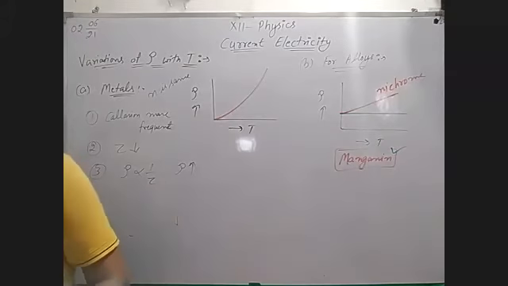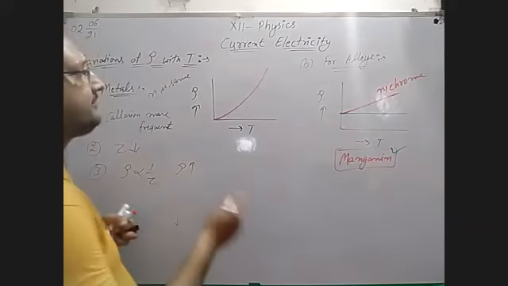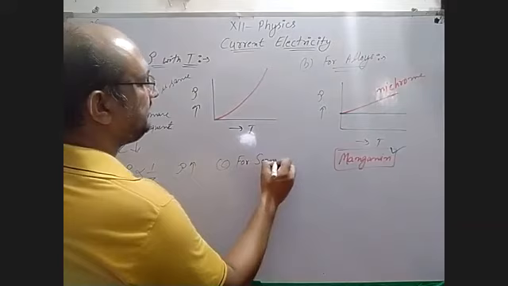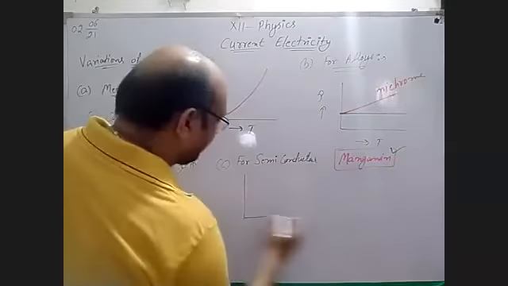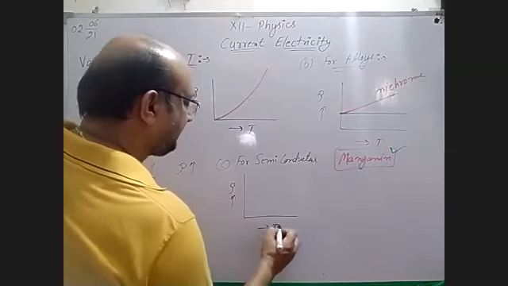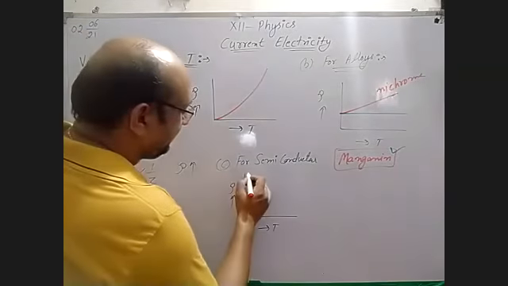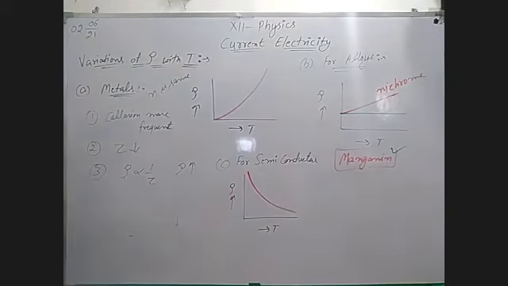Now the next thing is semiconductor, where number density increases. Now the third case is semiconductor. In this case, as the temperature increases, the resistivity of the material decreases in this way. What is the meaning of this?